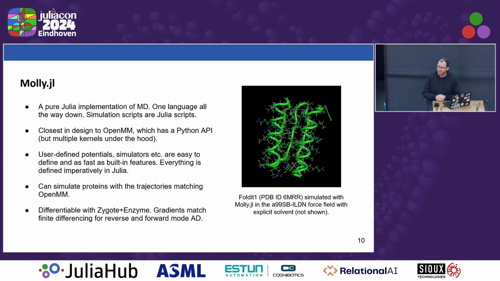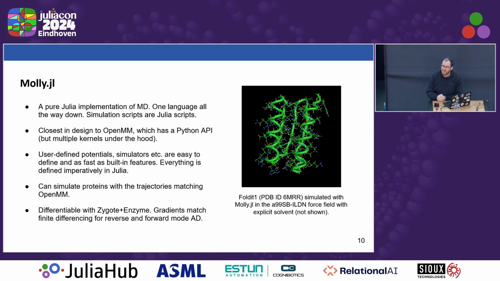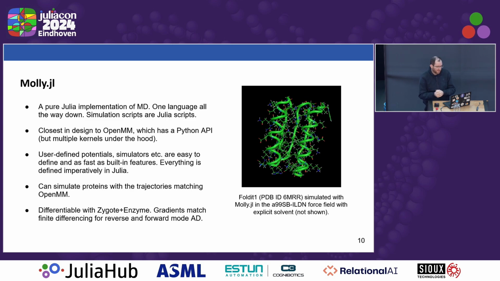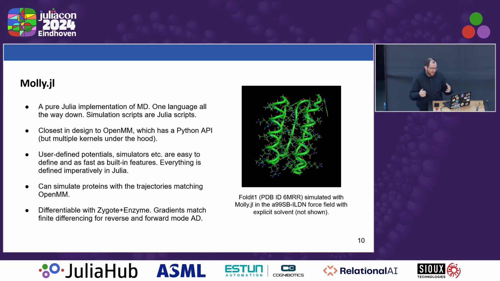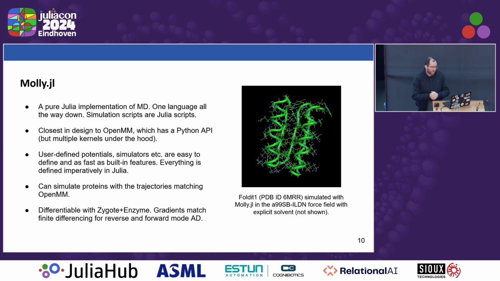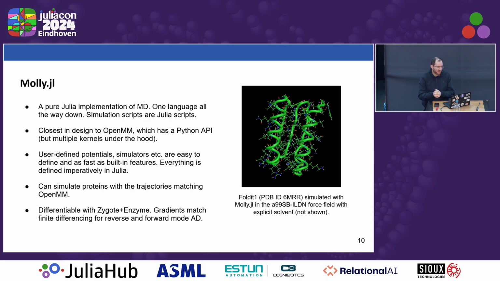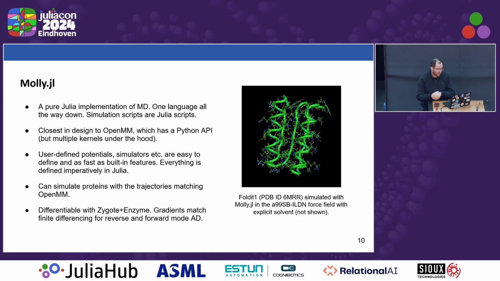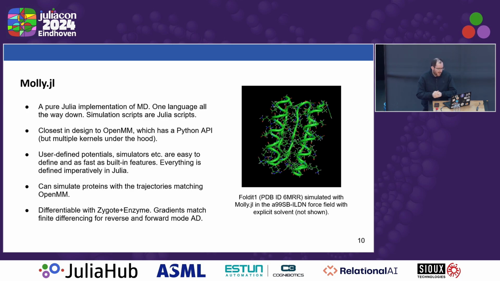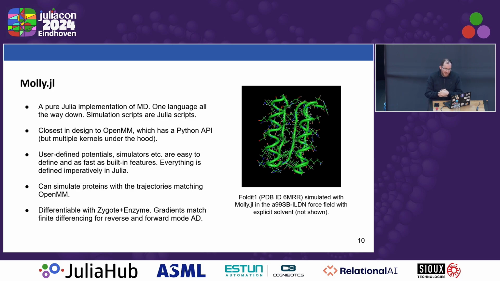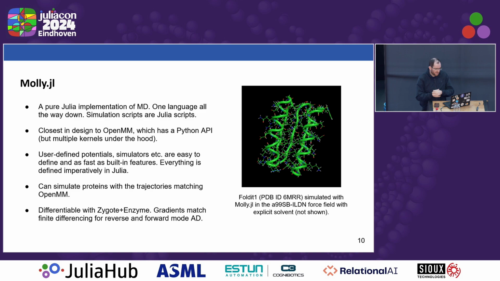And that really matches the Julia language itself, where the standard library is largely implemented in Julia because it's fast enough. Everything is defined imperatively. It's just code. There are no config files or anything. And currently, in terms of correctness, it can simulate proteins with the trajectories matching OpenMM. And it's differentiable using a combination of Zygote and Enzyme. And the gradients match numerical gradients.